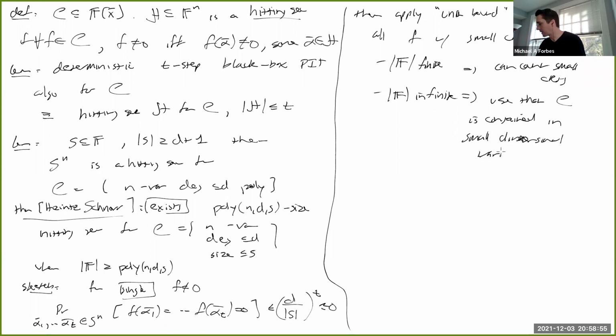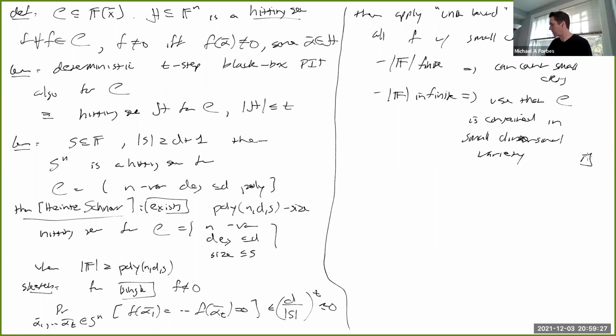Okay, so it's still a counting argument, but instead of counting things in terms of numbers, we're counting in a more refined way, talking about dimension. And so we have to talk about the algebraic geometric notion of dimension of a variety. And we're saying that this curly C of small circuits is a small dimensional variety, and hence by the suitable generalization of union bounds to the algebraic geometric setting, the union bound will go through and a random set will be a hitting set. Okay, and so that's kind of the sketch.